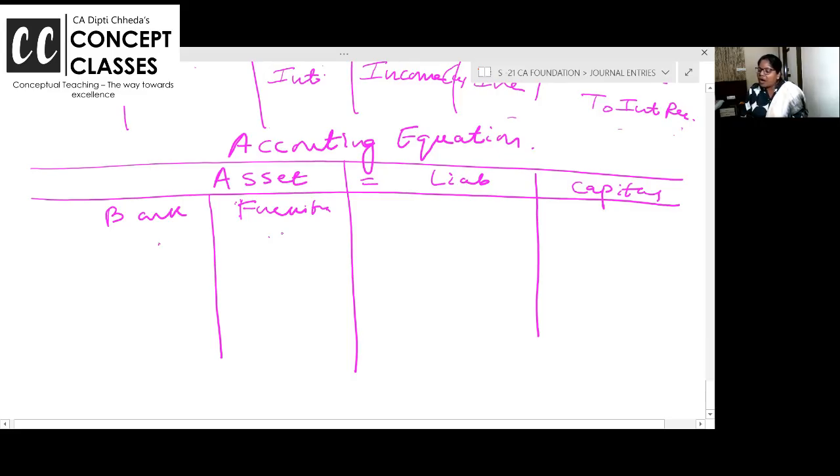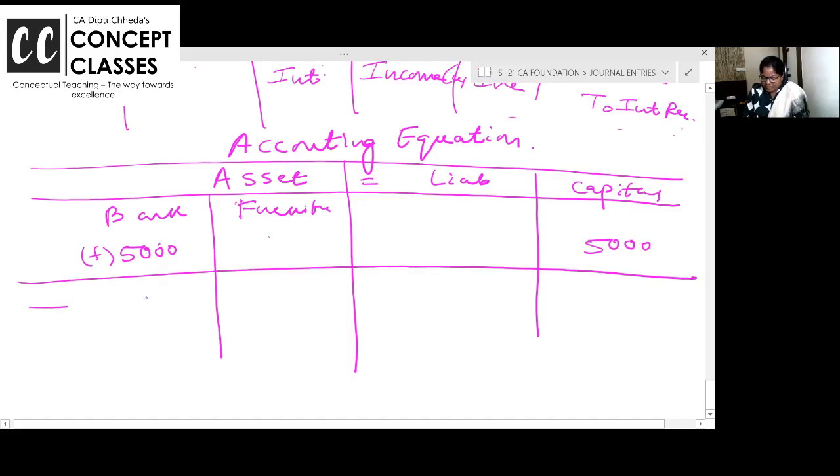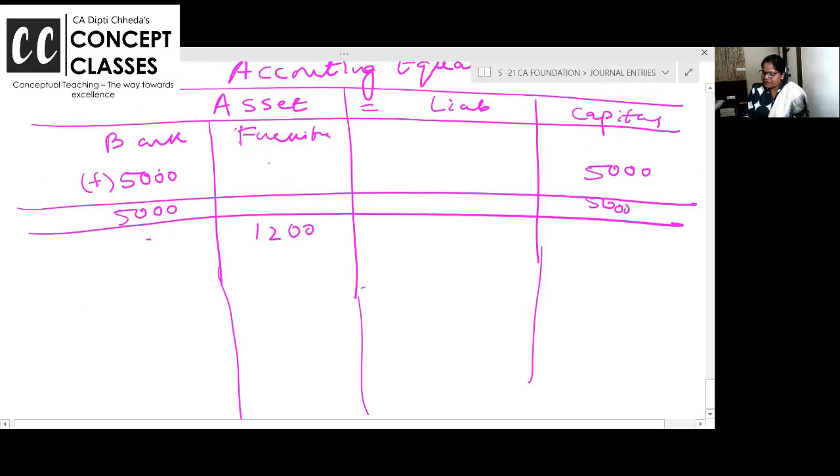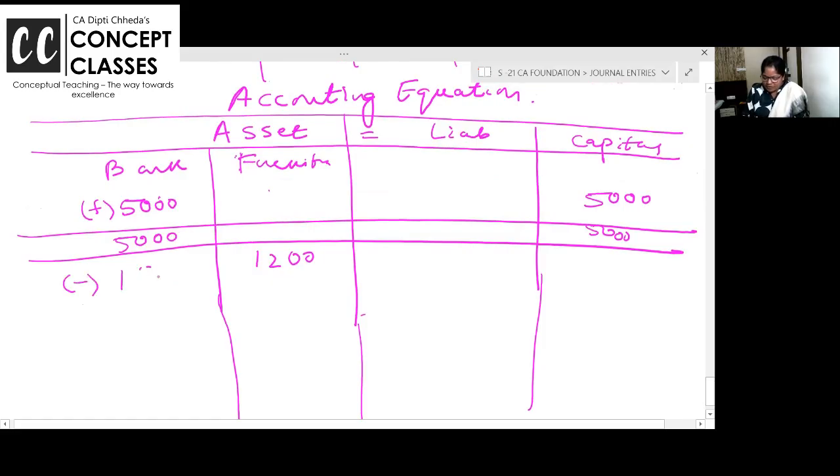Bank, furniture. Okay. R started the business with 5,000. So money is coming into bank, plus 5,000, and here capital is increasing. After every transaction, do this total: 5,000, 5,000. Next, he purchased furniture. Furniture purchased, how much? 1,200.